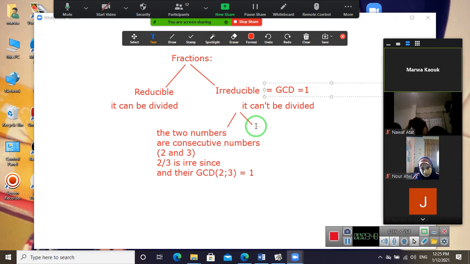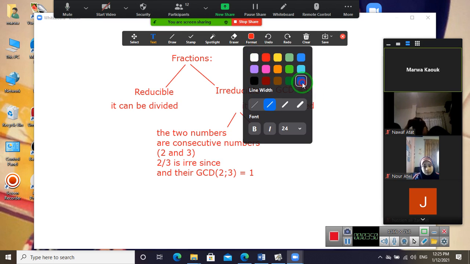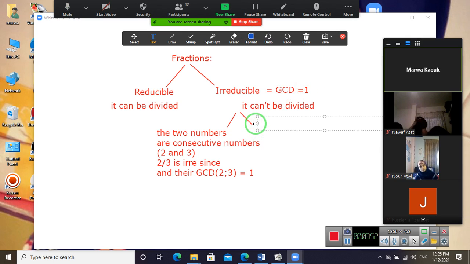The other way is if they are two relatively prime numbers. If the two numbers are relatively prime, their GCD is also 1.